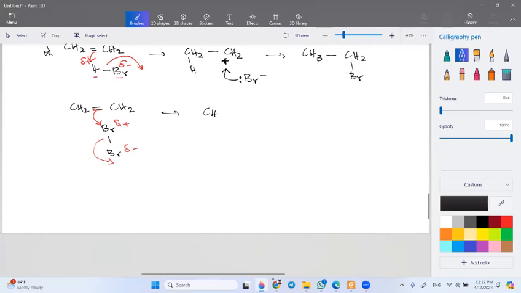First bromine is attached. After that, Br minus with a lone pair of electrons attacks. Same procedure. Now both of them are attached here.